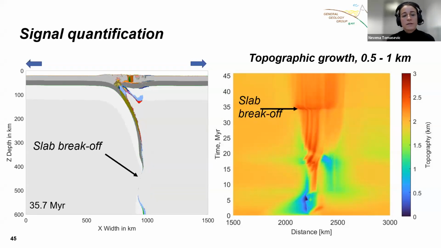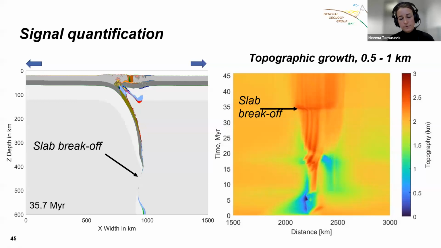And finally, with the slab break-off, this leads to isostatic rebound of the slab and also a change in dominant stress from previously compressional to now extensional regime. But what is also interesting is that it leads to topographic growth of up to 1 kilometer. And these numbers more or less fall within the range suggested by more general models focusing on slab break-off.